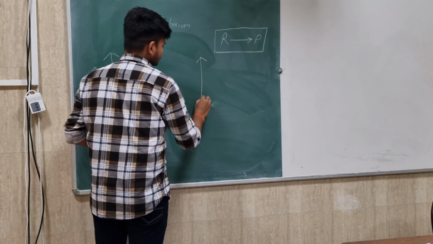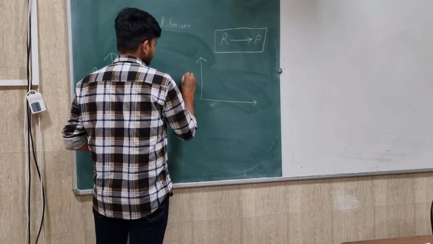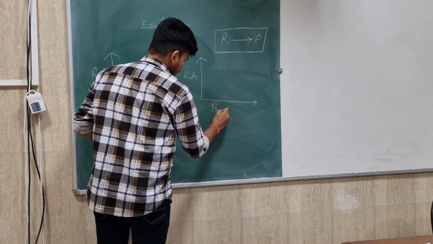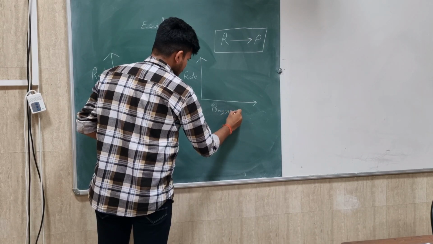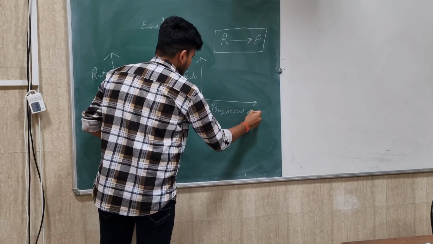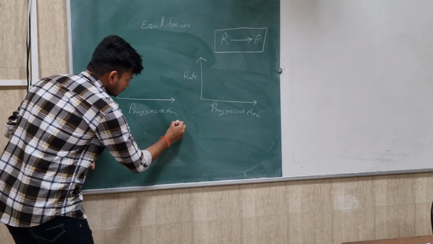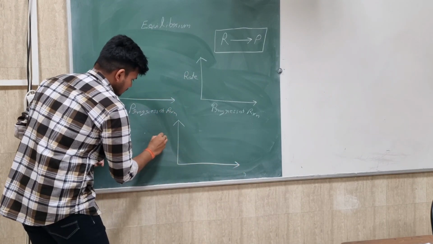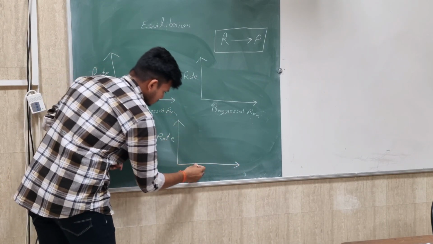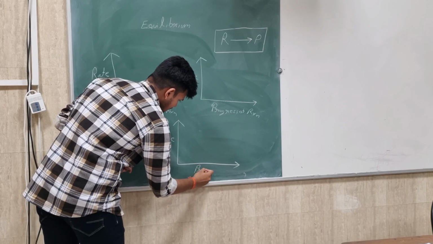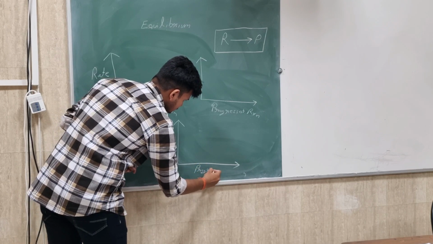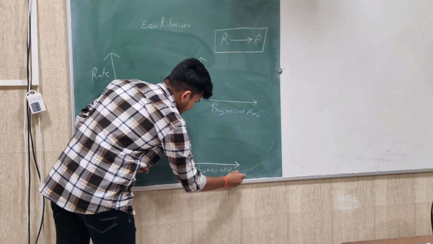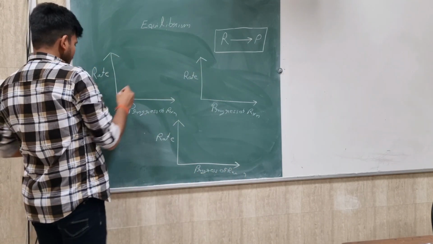Second graph, rate versus progress of reaction. Third one is rate versus progress of reaction. We can draw the graph here.